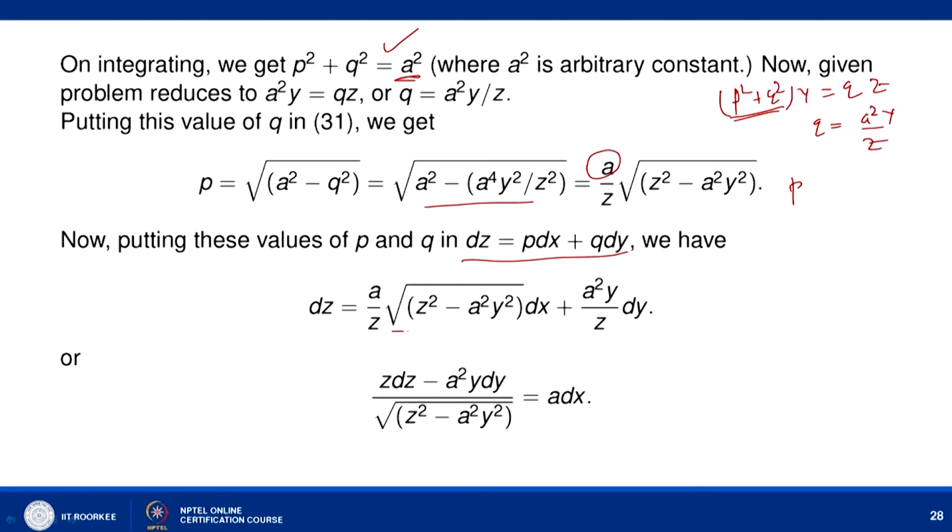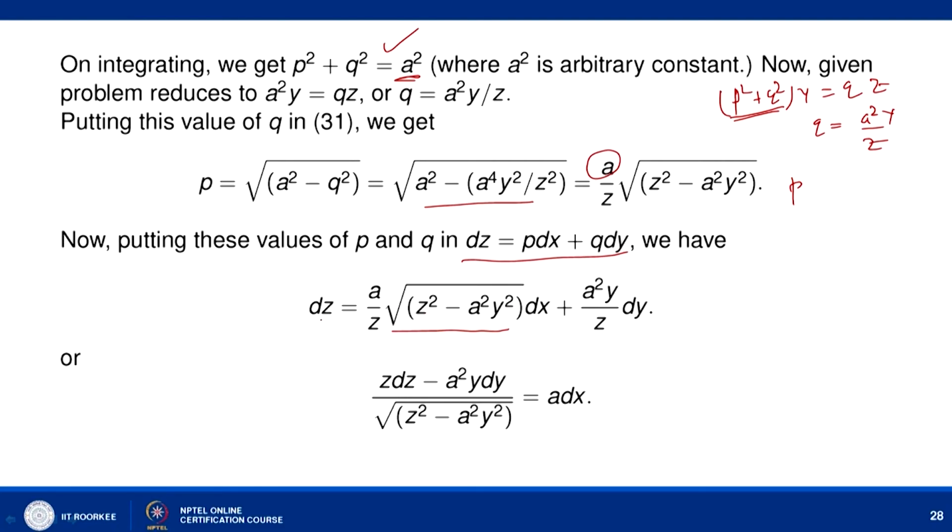Now if you look here, z is involved, y is involved, and that's all. Looking at this term, you need to arrange your equation in a way such that it is a derivative of this kind of thing.